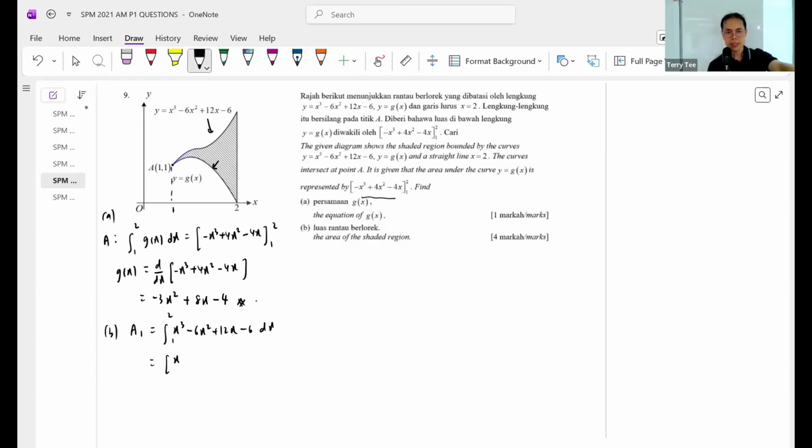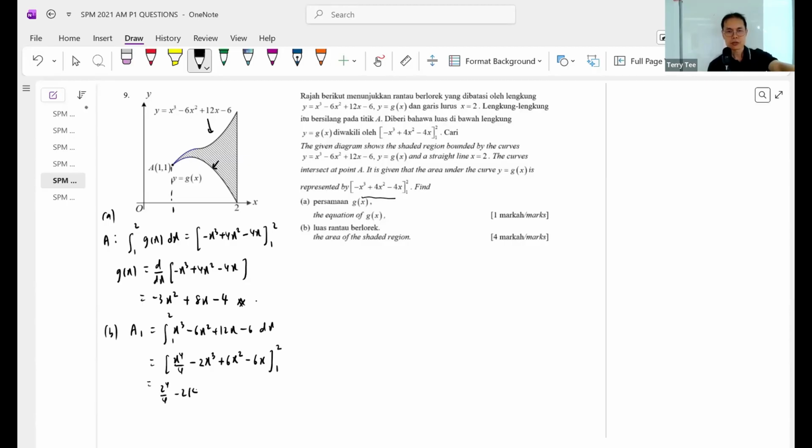So let's integrate this, x power 4 over 4. This one is 6x squared, when you increase the power by 1, 3. 6 divided by 3 is 2. This one, increase the power by 1, 2. 12 divided by 2 is 6. Integrate 6 is 6x. Lower limit 1, upper limit 2. You have to show your substitution. Put 2 inside. 2 power 4 over 4.